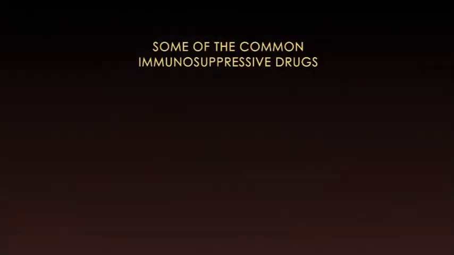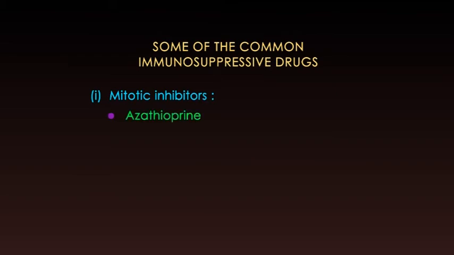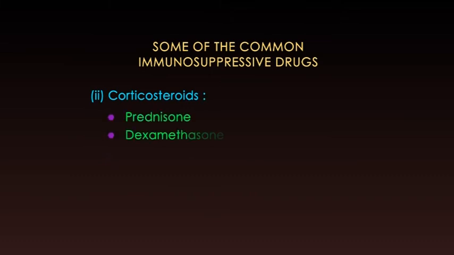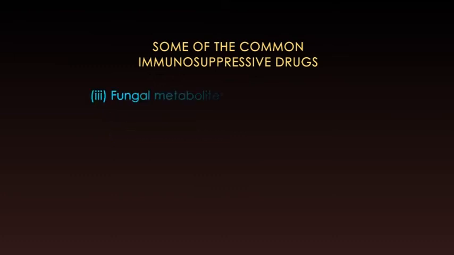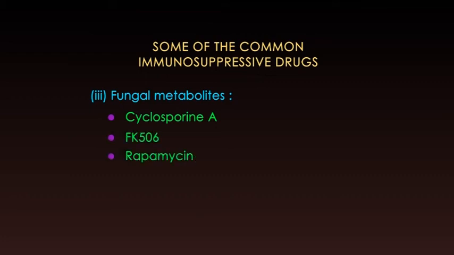Some of the common immunosuppressive drugs are mitotic inhibitors like azathioprine, cyclophosphamide, and methotrexate, which inhibit T cell proliferation; corticosteroids like prednisone and dexamethasone, which suppress inflammation; and fungal metabolites like cyclosporin A, FK506, and rapamycin, which inhibit T cell activation.